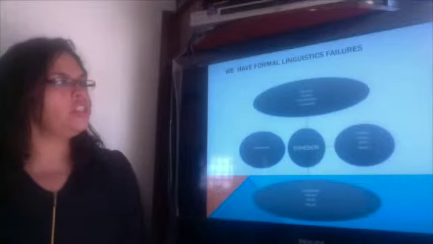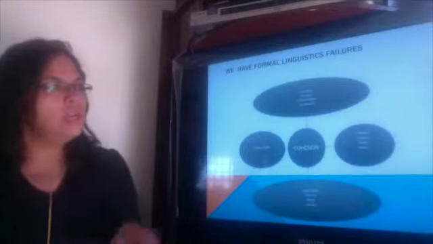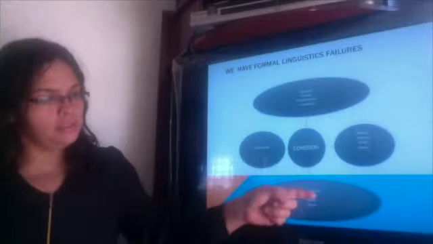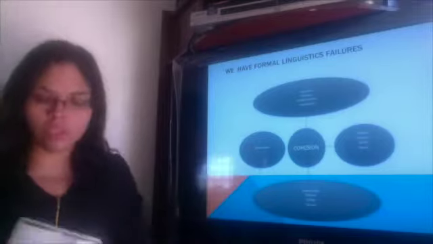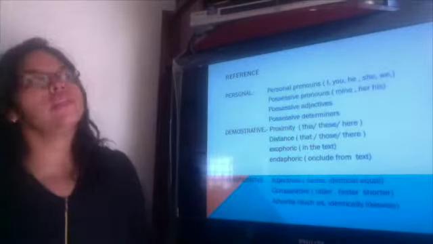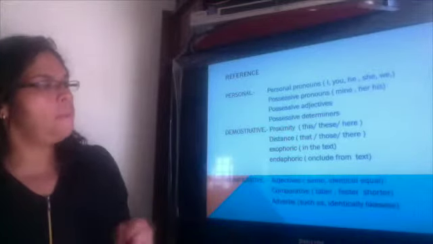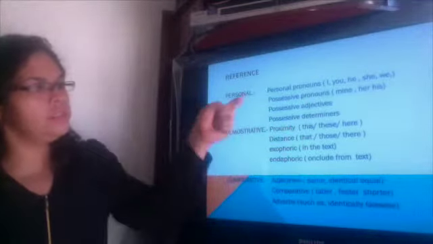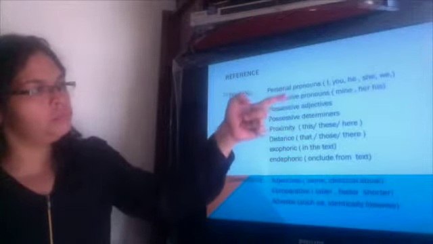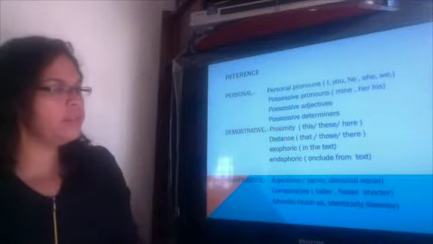To study cohesion, we have four formal linguistic features: reference, ellipsis, substitution, and conjunctions. In reference, we have to be able to identify personal references, personal pronouns, possessive adjectives, and possessive determiners.